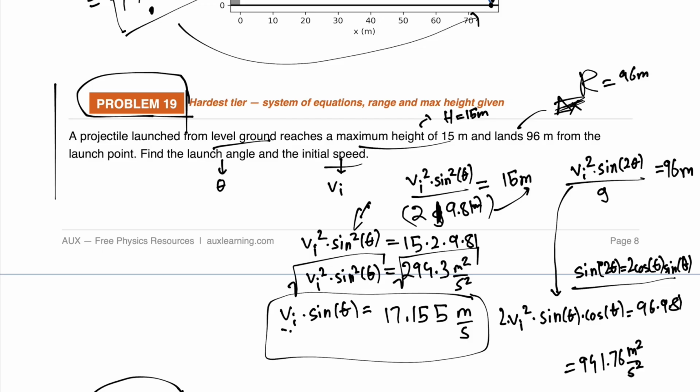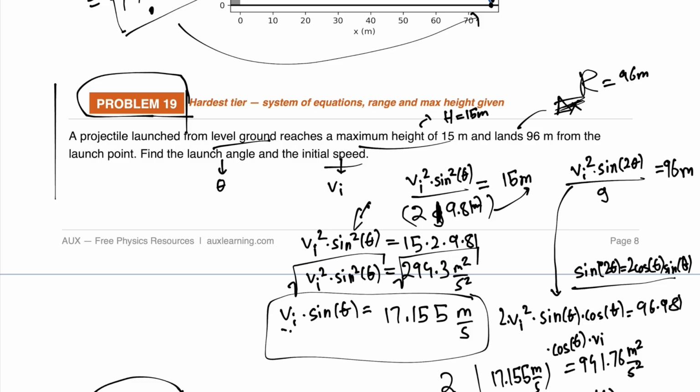And this stuff can simplify to, we know velocity initial times sine theta is 17.155 meter per second. So that times 2 times cosine theta times velocity initial, because there's 2 of those, right? So then we could divide by this on both sides. We're left with velocity initial times cosine theta.